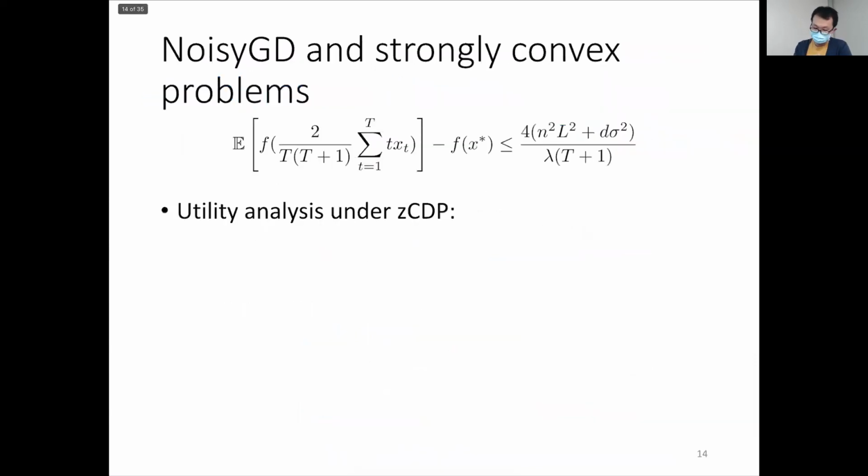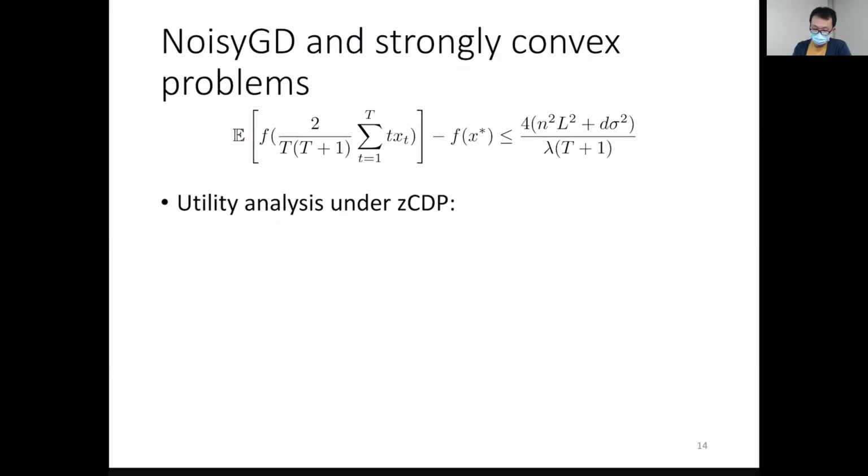Again, this breaks down into 2 terms: 4n squared L squared over lambda t. I'm ignoring this plus 1, and let me also ignore this 4 as a numerical constant in front.